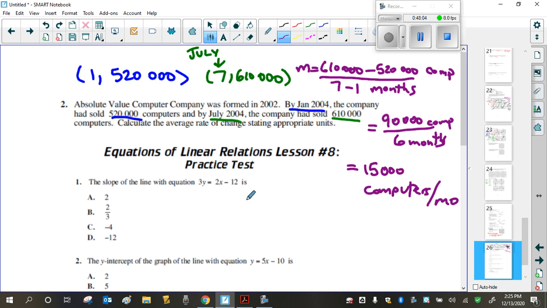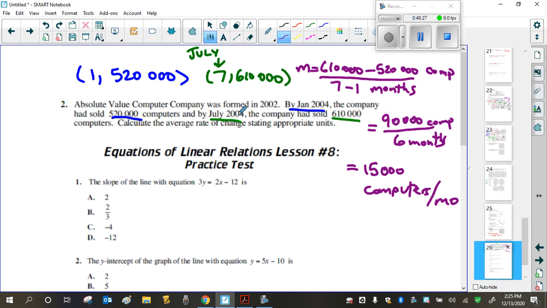Okay, next question. Pause it if you need to see it more. It's computers per month. They give you a first stat in blue. In the first month, January 2004, they sell 520,000 computers. Not bad. And in July, the 7th month, they sell 610,000.